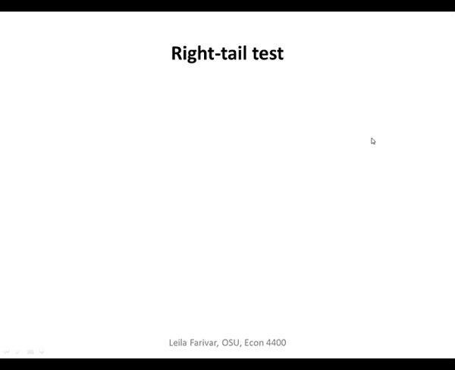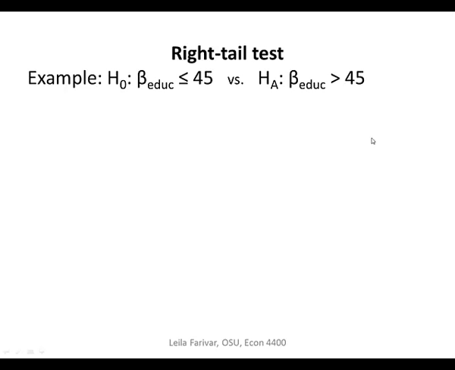The first example is for a right tail test, and we are testing for the effect of education. Our model is a model for returns to education. So our model would look like this: wage equals beta 0 plus beta of education times education plus other factors in the model.